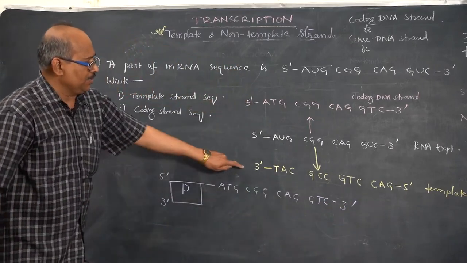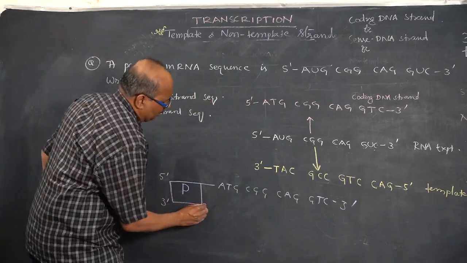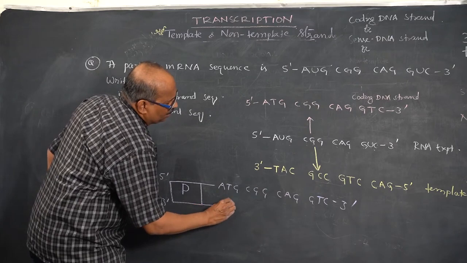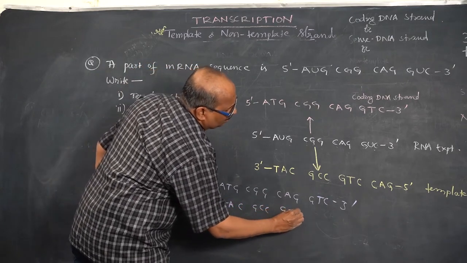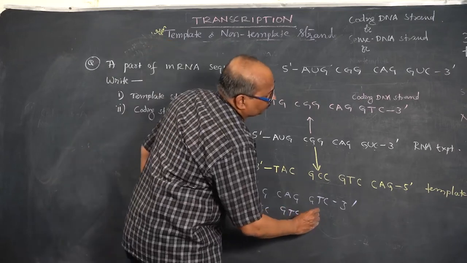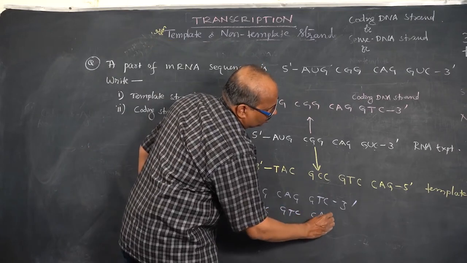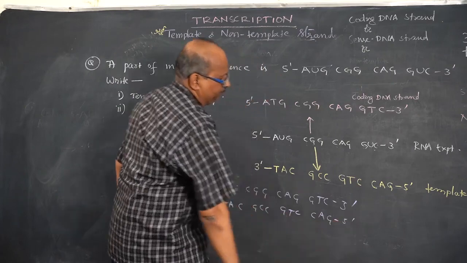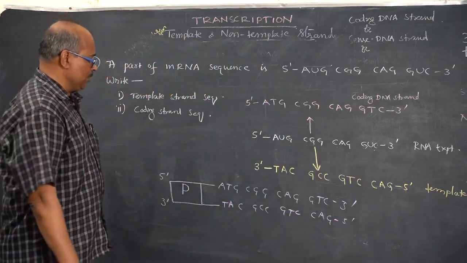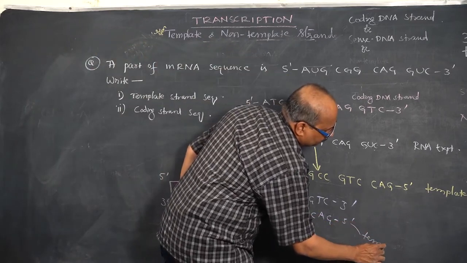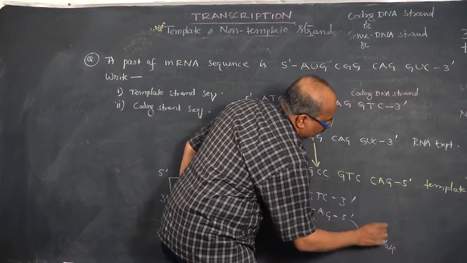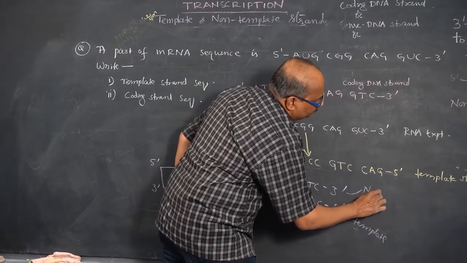Now second side write template strand. It will be automatically 3 prime. T, A, C, G, C, C, G, T, C, C, A, G, 5 prime. So promoter, template, non-template.